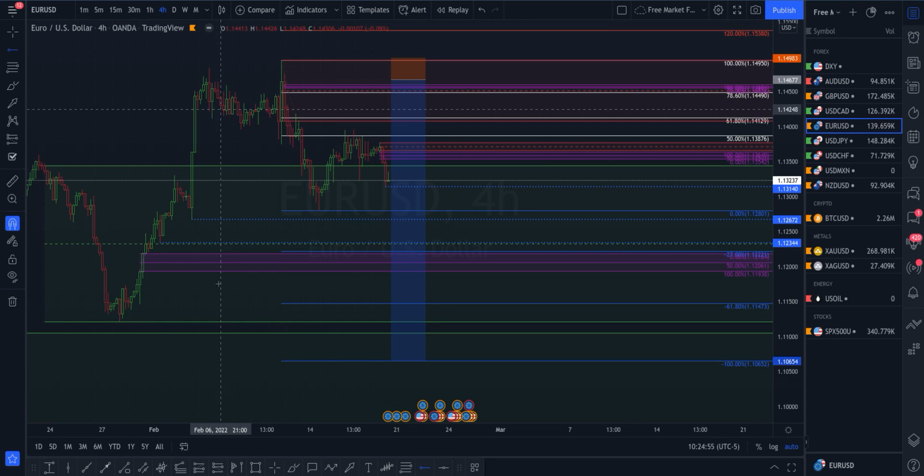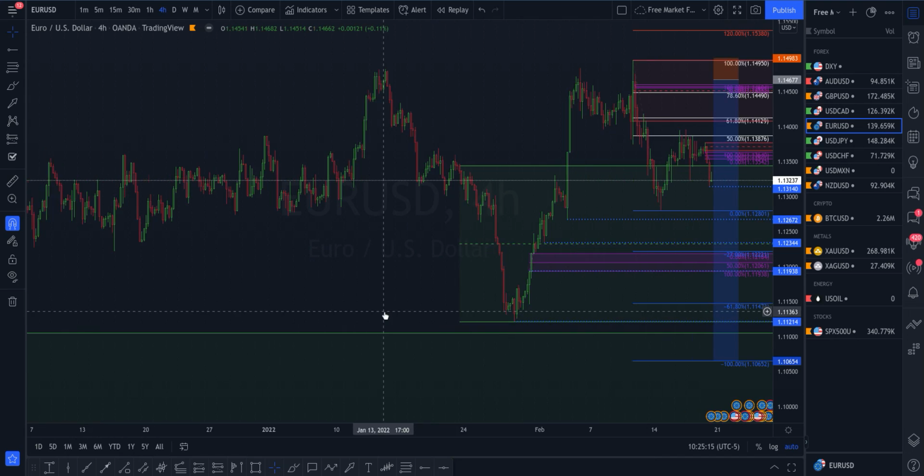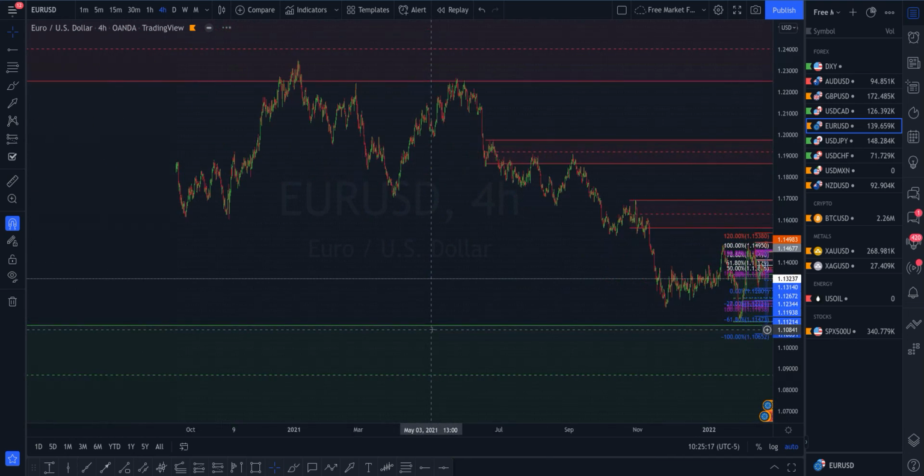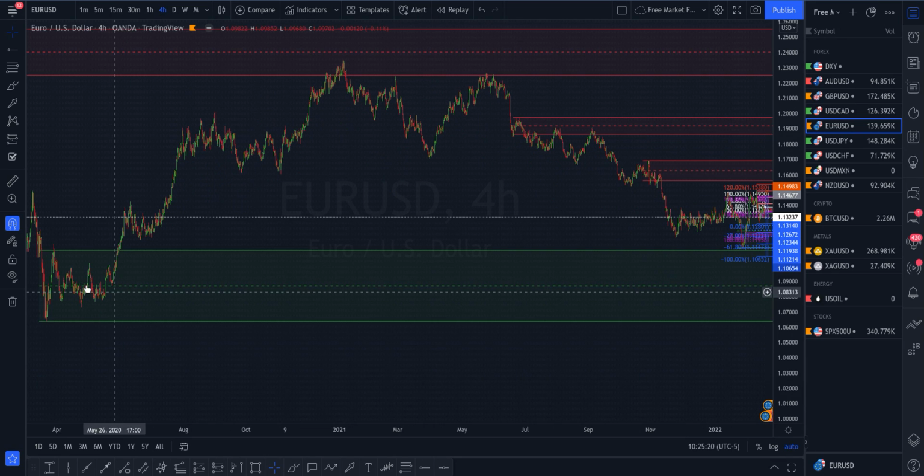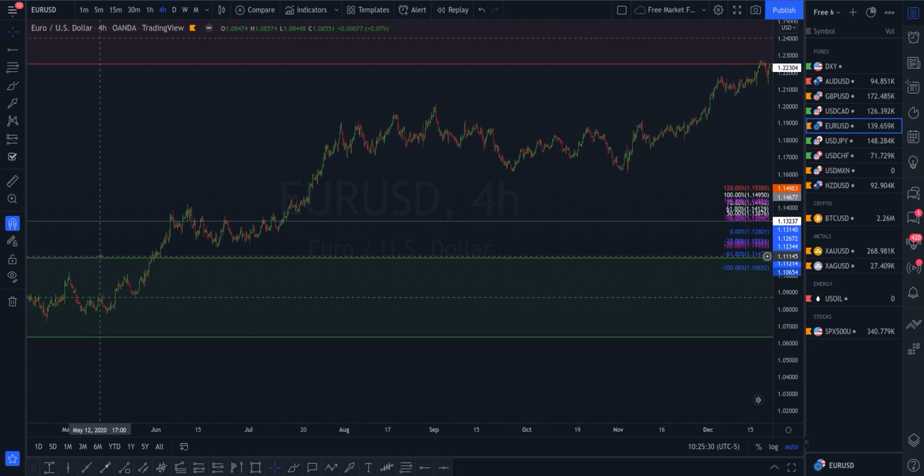And of course, at the negative 27% retracement, we can possibly take partials at the filling of this gap. Of course, partials at 61.8. We can take partials here. Let's see, what do we have before we get to the 100?